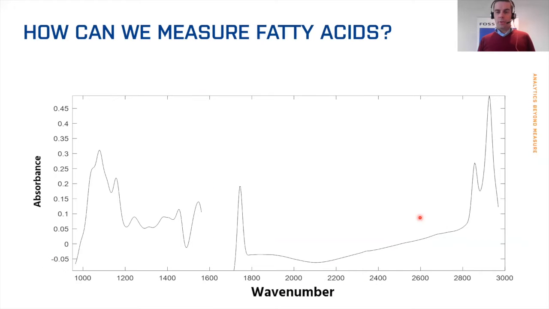This would look as follows. So here we have a random spectrum from a milk sample, and we have different wave numbers because these molecules swing differently. And on the y-axis, we have the intensity, how many signals we get at different wave numbers.